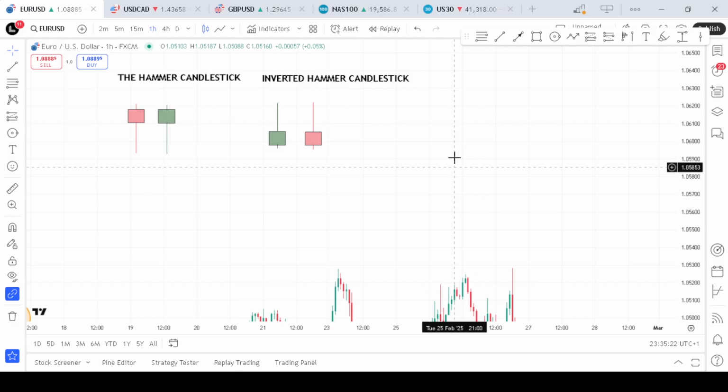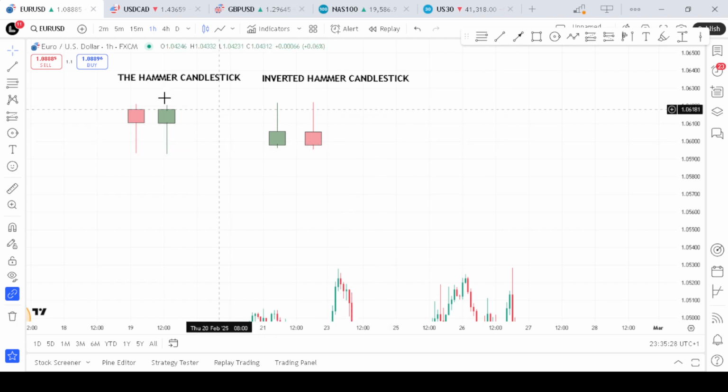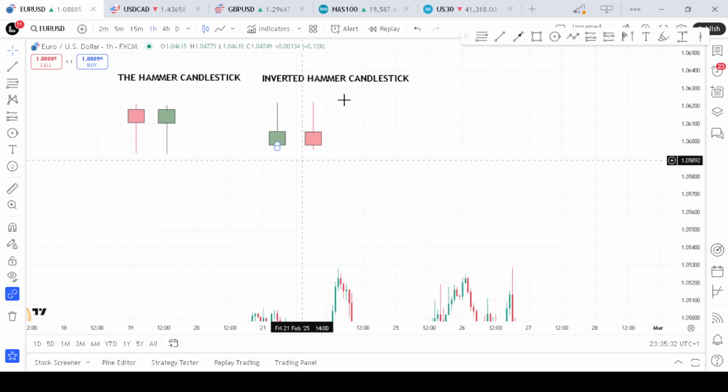Now, when trading the inverted hammer candlestick, it is crucial to always wait for confirmation. The same way you wait for confirmation when taking the hammer candlestick, when taking the inverted hammer candlestick, you must also wait for confirmation. The confirmation is telling you that buyers are taking control.